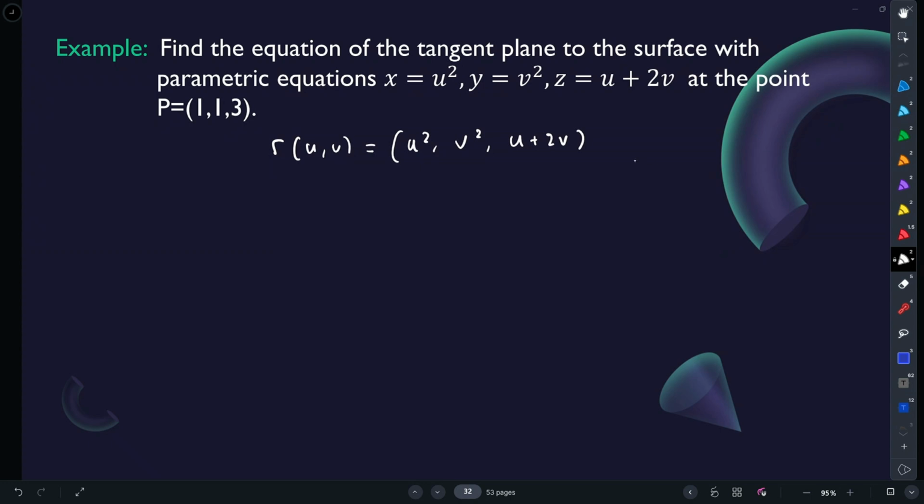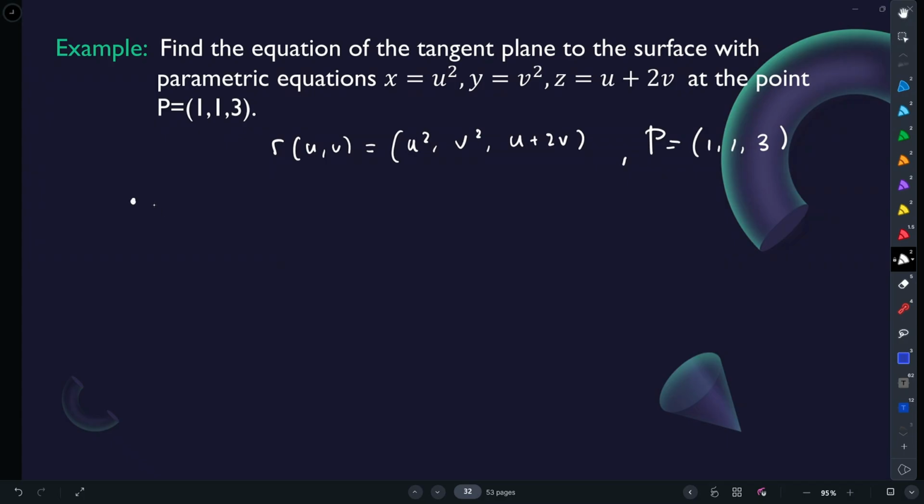We want to figure out what's happening at the point (1, 1, 3). First of all, I actually need to figure out what parameters u and v correspond to that point. What parameters actually land on the point (1, 1, 3)?